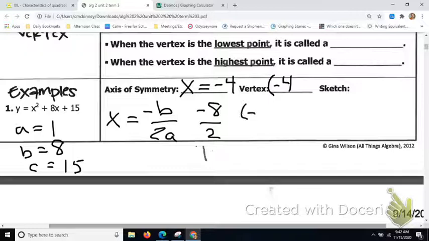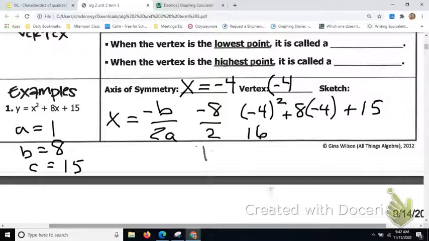So we're doing negative 4 squared plus 8 times negative 4 plus 15. I'm going to run myself right out of space. So that's 16 minus 32 plus 15, which ends up being negative 1. That's my vertex.